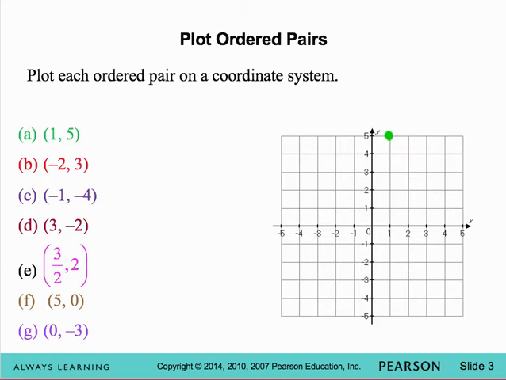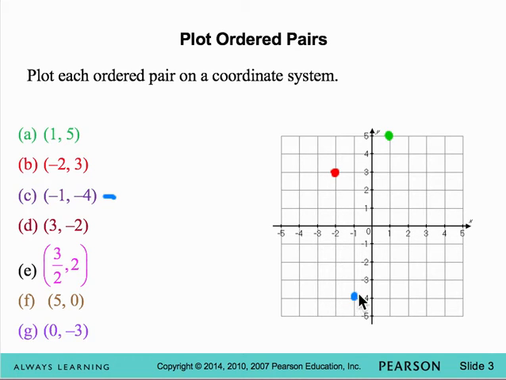B, x is -2, y is 3. C, x is -1, y is -4.